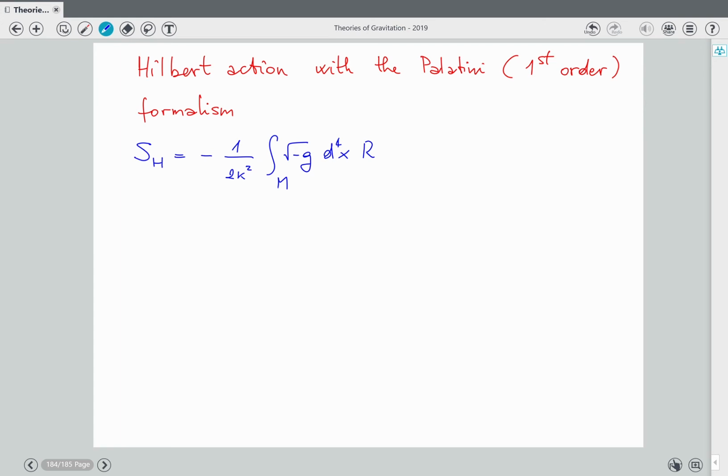So that means that we treat g mu nu and the Christoffel symbols as independent fields. That's first order formalism.